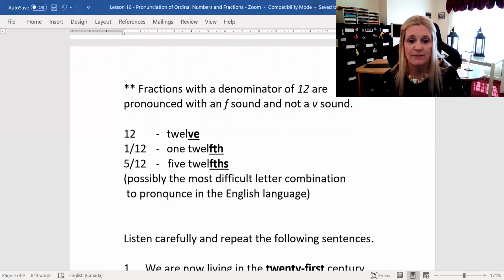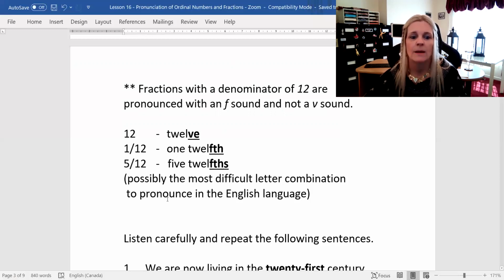So this is what we would have to do. F, TH, and S. Does English get any crazier? It does. Stay tuned, it will get crazier. But just listen to this pronunciation. Very difficult, I agree with you.